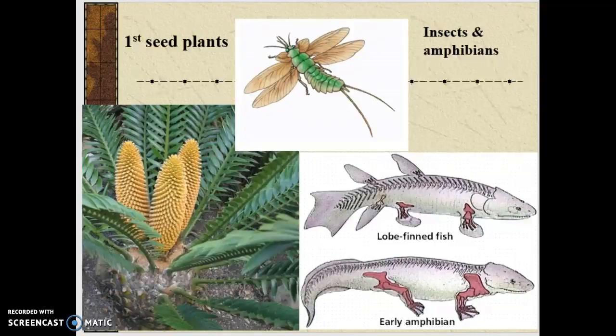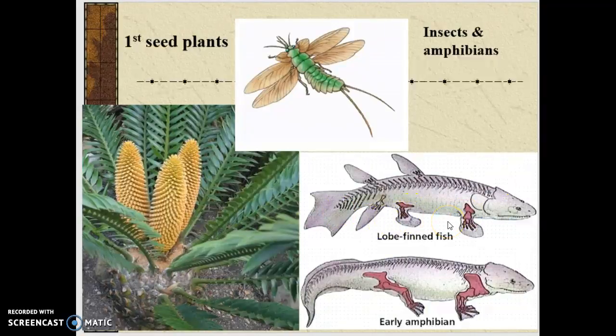Animal-wise, we see insects making their appearance, moving on to land, and we see fish evolving into early, simple, primitive amphibians. So we have lobe-finned fish swimming and, more appropriately, walking the oceans of the Paleozoic, and they evolve towards this amphibian-based lifestyle. So think about a lobe-finned fish. They have legs.